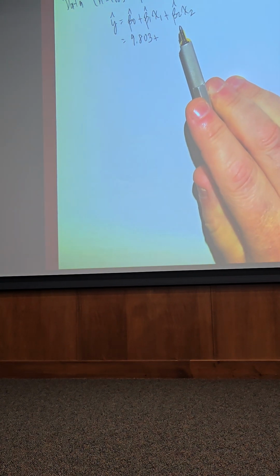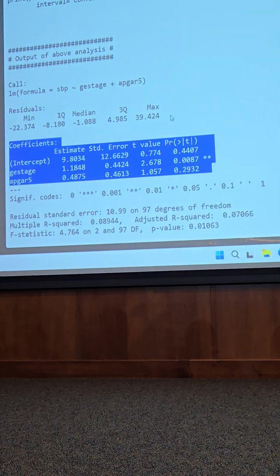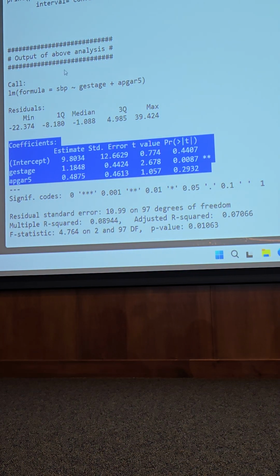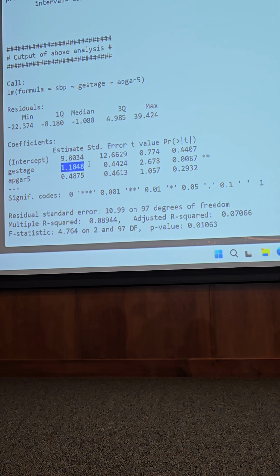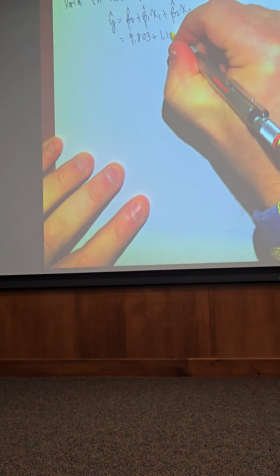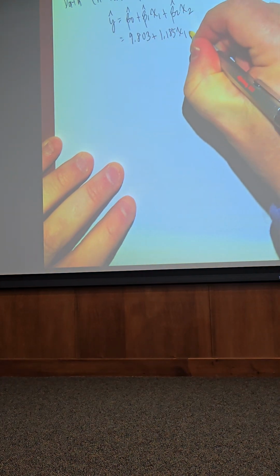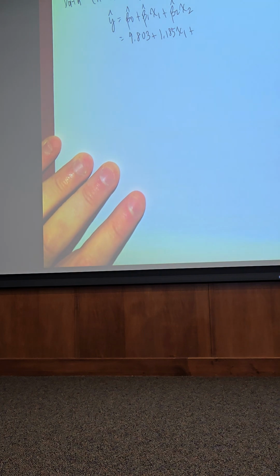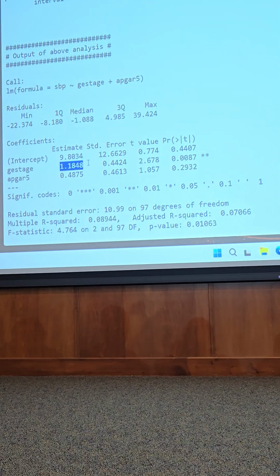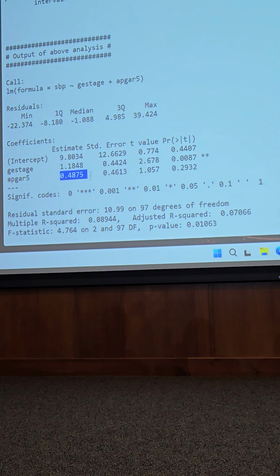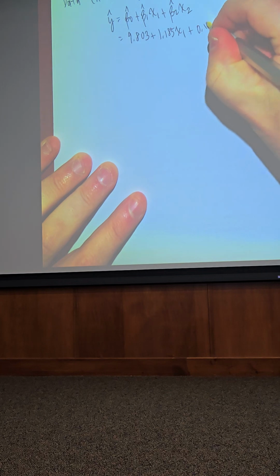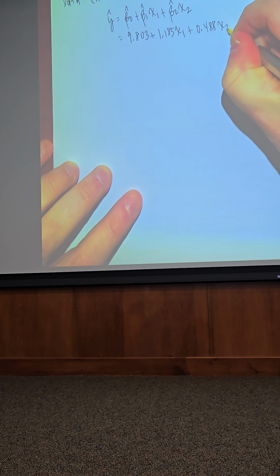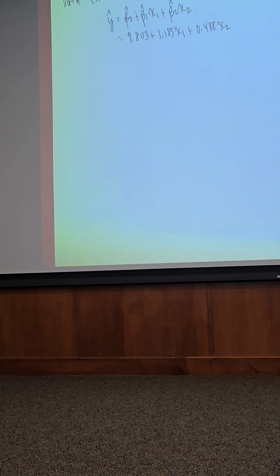Beta 1 hat, sorry to keep flicking back and forth here, is right here, 1.185, times x1, plus beta 2 hat, which is 0.488, times x2. That's your least squares regression equation.